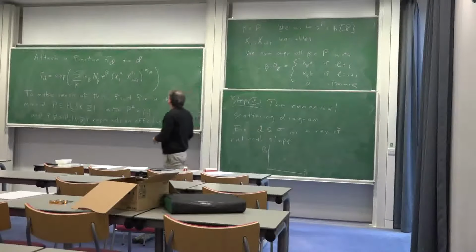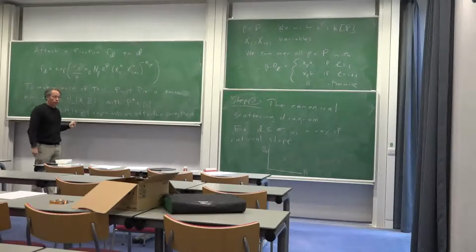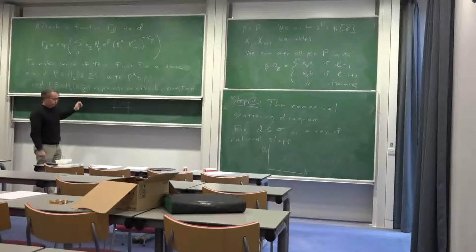Okay, and finally, I think I've now explained everything here except the number N_beta, and this is where log Gross-Hacking-Keel theory comes in.